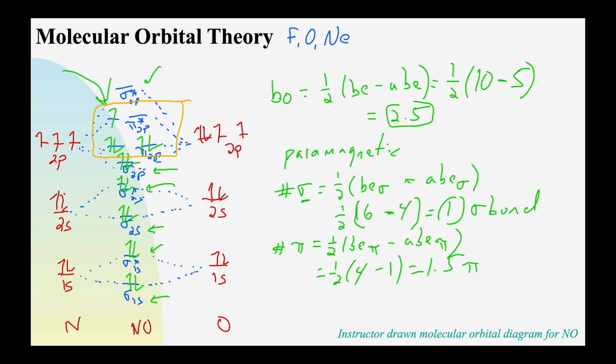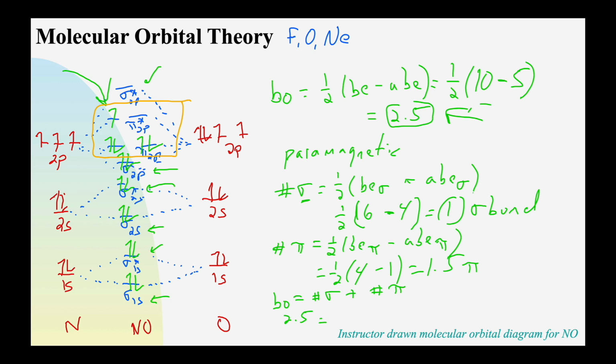If you're ever uncertain about your number of sigma and pi bonds, here's a really helpful way to check yourself. The overall bond order equals the number of sigma plus the number of pi. Up on top, we had a bond order of 2.5. If we've done this right, our sigma bonds and pi bonds should equal 2.5.